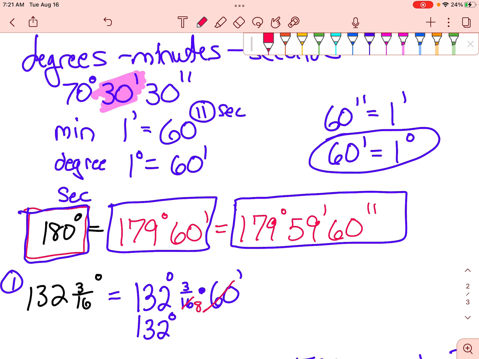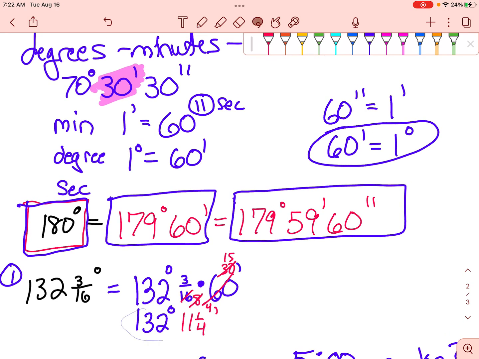We have 8 and 30. I'm going to cancel it again, 4 and 15. And so what this turns into is 45 fourths. Or if you just multiplied and divided, you probably got 11 and 1/4 of a minute.